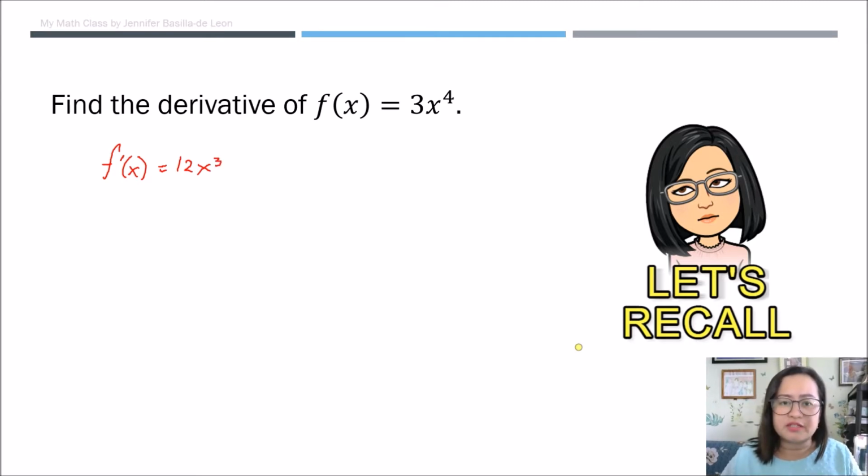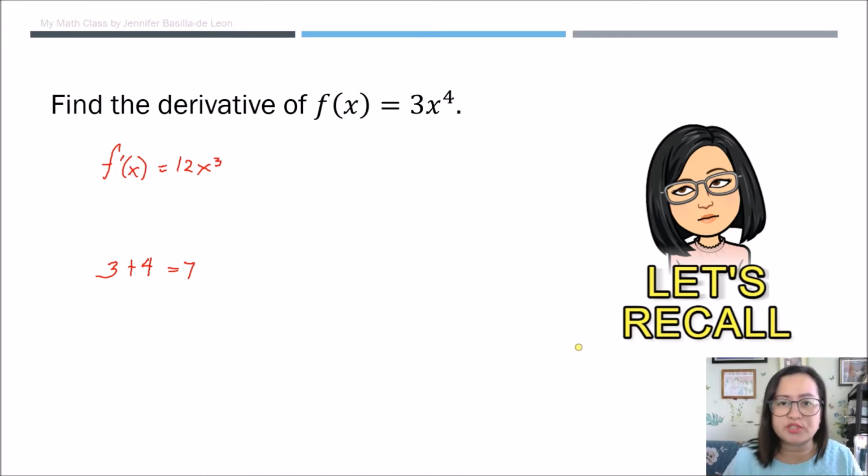In arithmetic, if we have 3 plus 4 equals 7, and we would like to find out whether we got the correct sum, we have to undo the process. Now, to undo the process, we are going to use the inverse operation of addition.